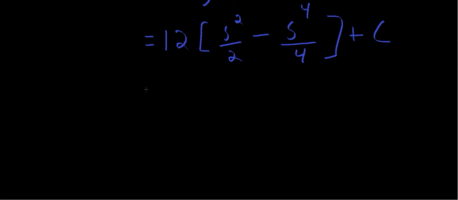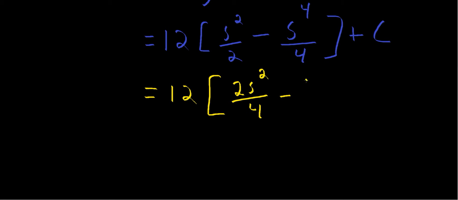We have a 12, and we'll make the fractions have common denominators. To make the 2 into a 4, we multiply the top and bottom by 2. So now we get 2s squared over 4 minus s to the 4 over 4 plus c.